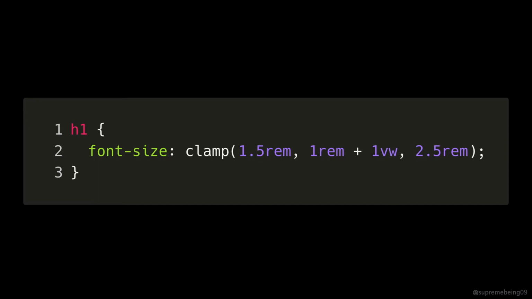This sets a minimum font size of 1.5 rem, a maximum font size of 2.5 rem, and then a desired font size of 1 rem, plus one viewport width. I only tried this for some time, and I think this could lead to a good solution as well.